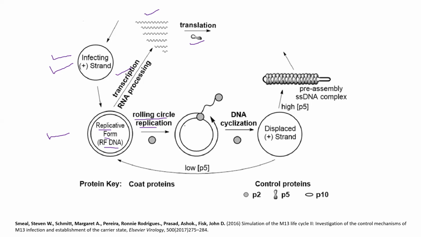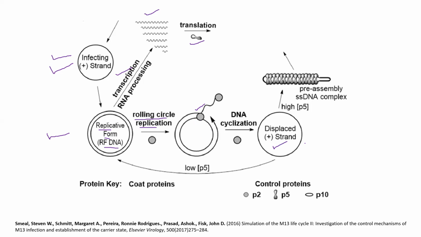A nick will be made, the strand would be displaced, and the rolling circle replication would take place, which will result in a single-stranded circular DNA displaced plus strand. So the replication is happening or it is over.